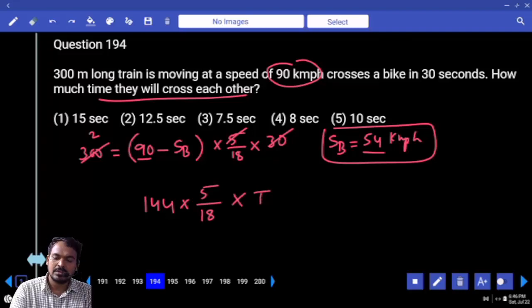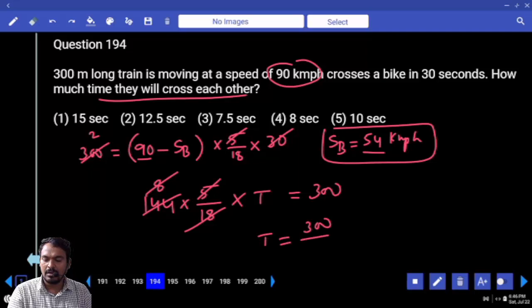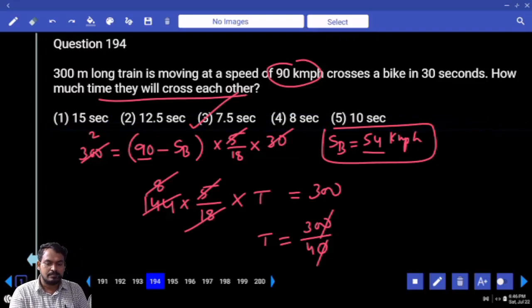Speed into time equals distance. What is the distance value? 300. 18 how many times? 8 times. 8 5s are 40, so t equals 300 by 40. 0 gets cancelled. 30 by 4 means 7.5.